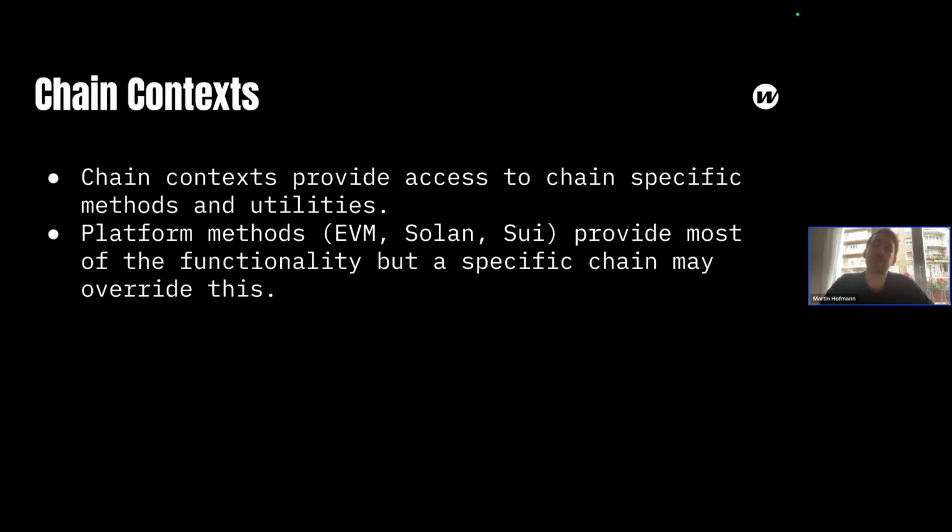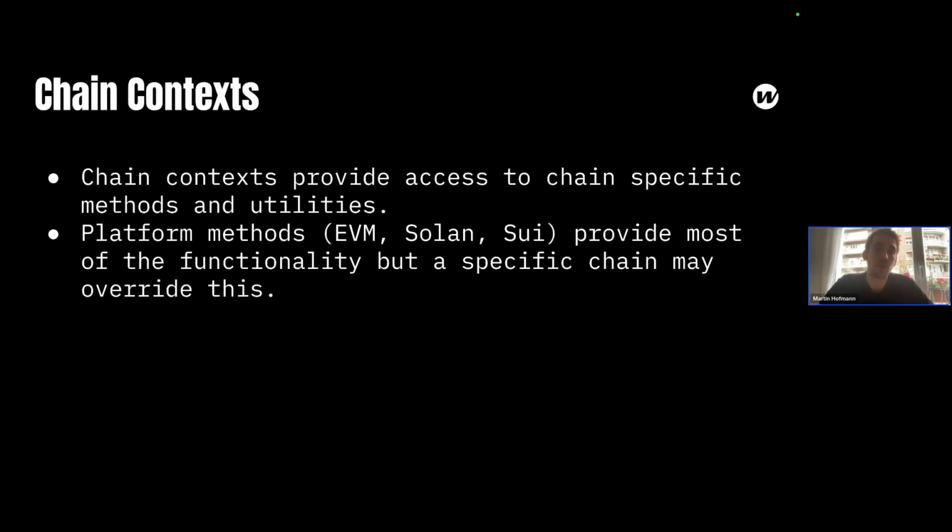Chain context. This is a good concept related to the SDK. You can select specific blockchains that you're going to be interacting with, like the source chain and the target chain.